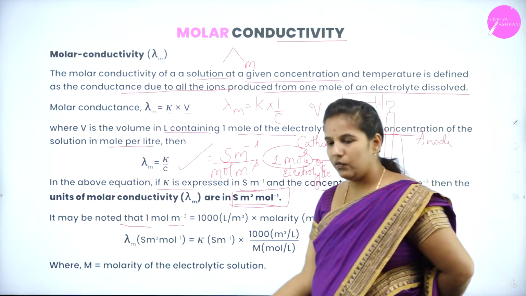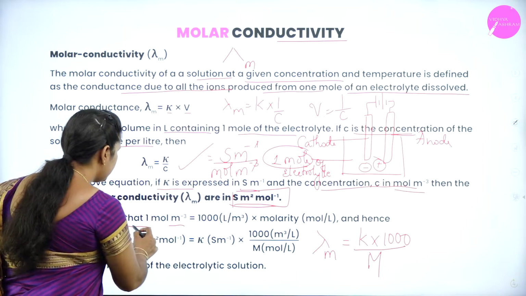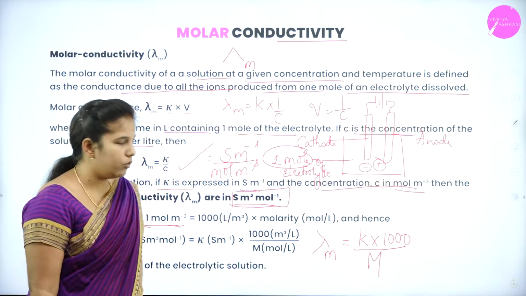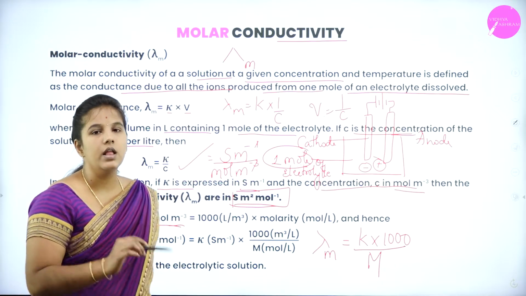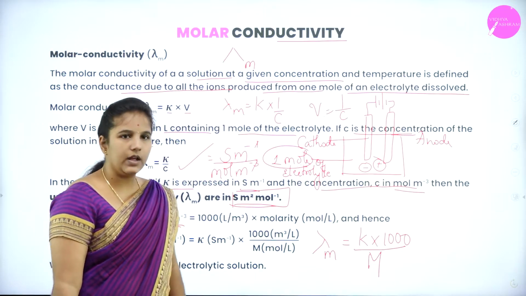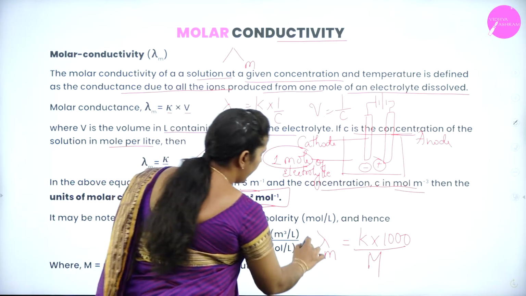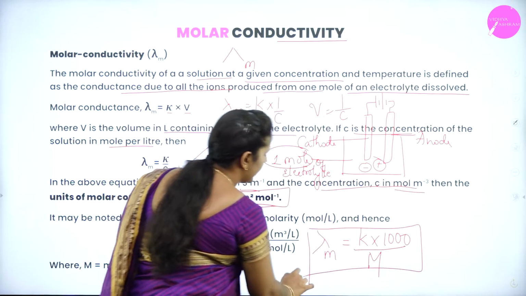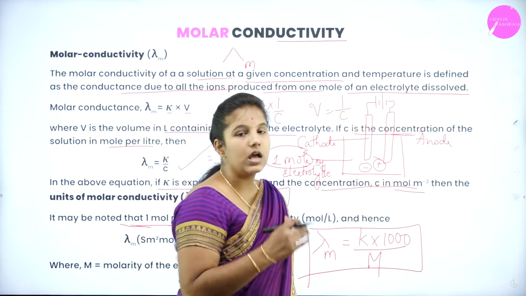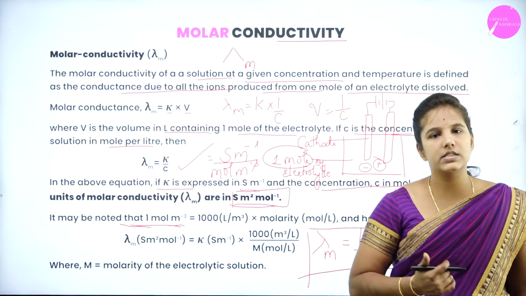This is how we can obtain the final equation by considering 1 mole per cubic meter. So if you consider that, the entire equation will become K into 1000 divided by M. This is the final equation we use in solving numericals to find the molar conductivity of a given solution.